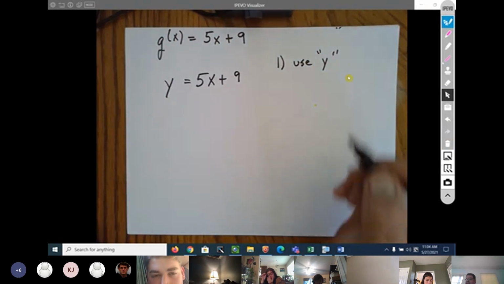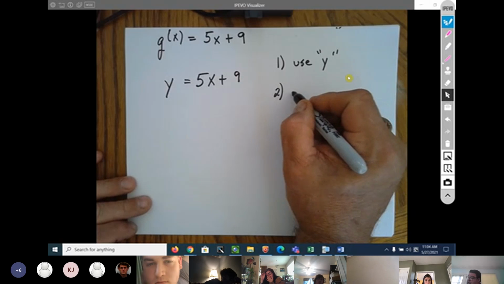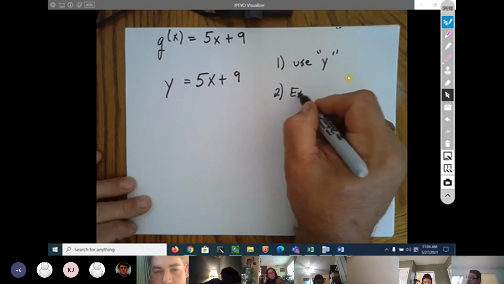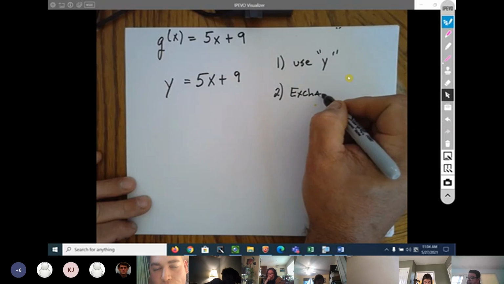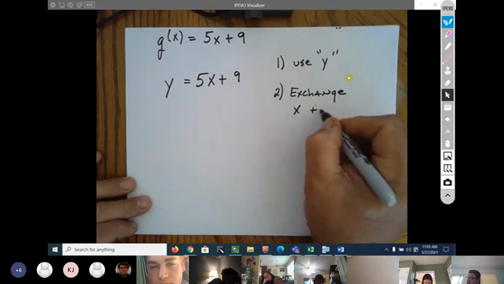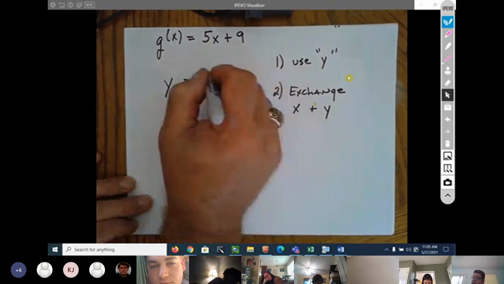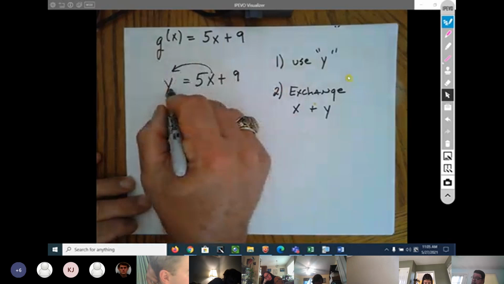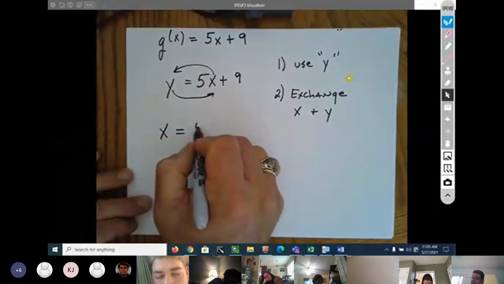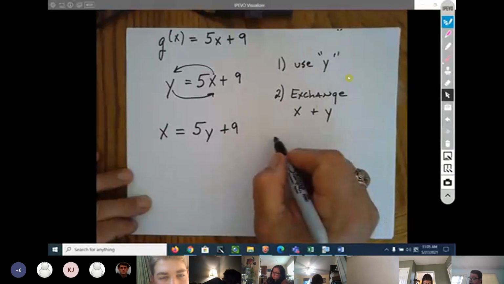Anybody know what to do next? Exchange, or interchange, whatever you want to call it, x and what? Y. So bring the x over here and put the y right there, and you get x is equal to 5y plus 9. And then what's number 3?